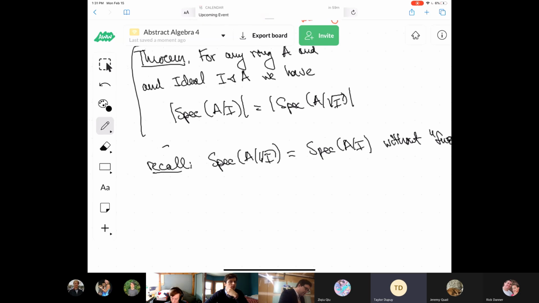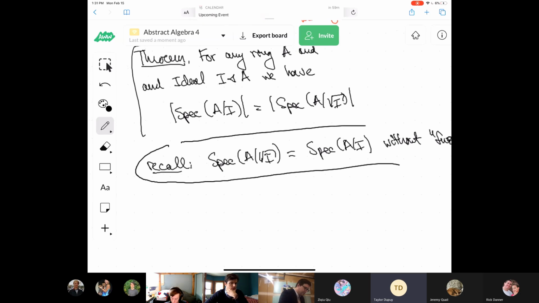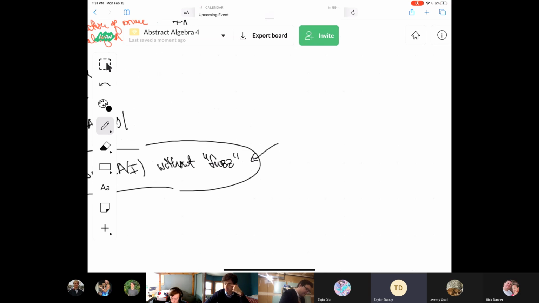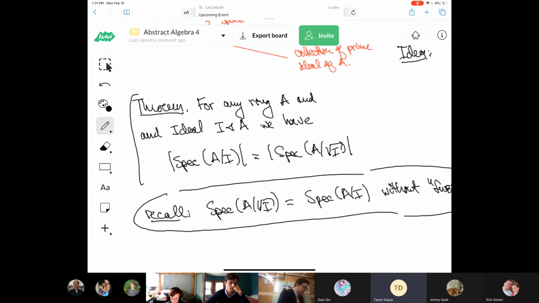So this one is the full picture, and this thing here is just the topological space information. The topological space information does not care about radicals of ideals.